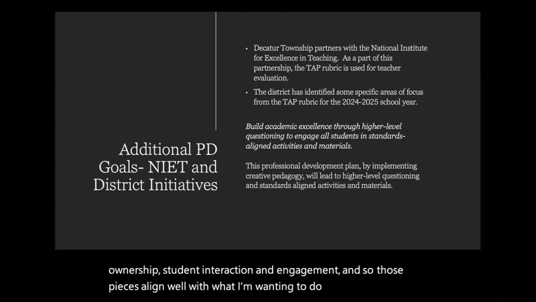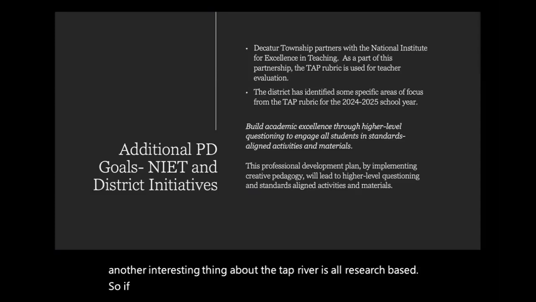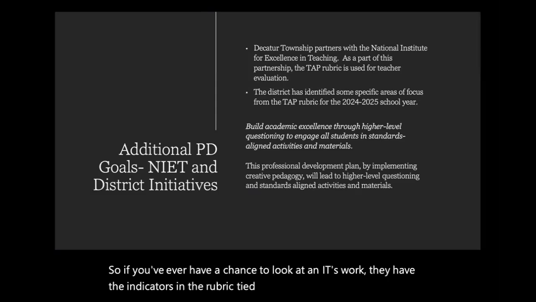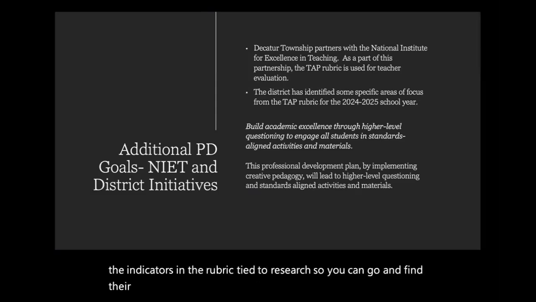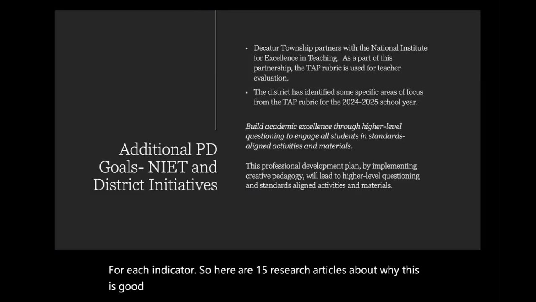The TAP rubric does. Another interesting thing about the TAP rubric is that it's all research based. If you ever have a chance to look at NIET's work, they have the indicators in the rubric tied to research, so you can go and find their references for each indicator. Here are 15 research articles about why this is good teaching. It's really interesting to take a look at.